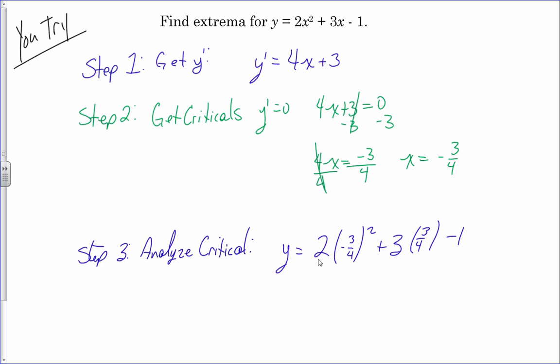So we are going to get y equals 18 over 16 minus, because this is a negative 3/4, 9 over 4 minus 1, which is going to give us 18 over 16 minus 36 over 16 minus 16 over 16, which is going to give us negative 34 over 16.